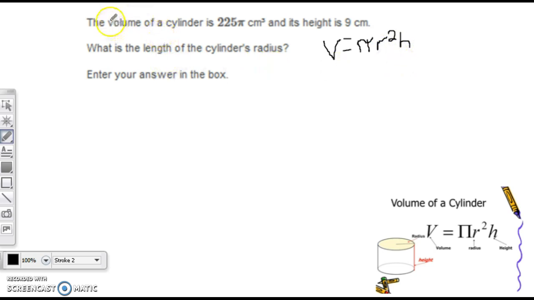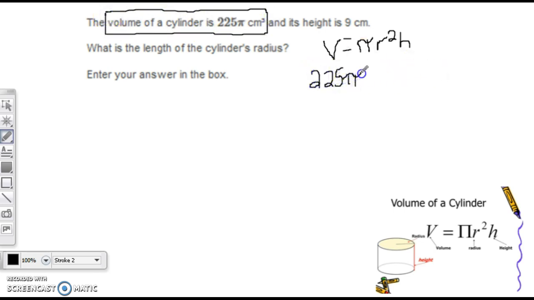And let's start plugging in what we know. It says that this is the volume, so that's going to go in for the letter V. It says that this is the height, so that's going to go in for the letter H. And our goal is to find the radius. So I'm trying to solve for the letter R.